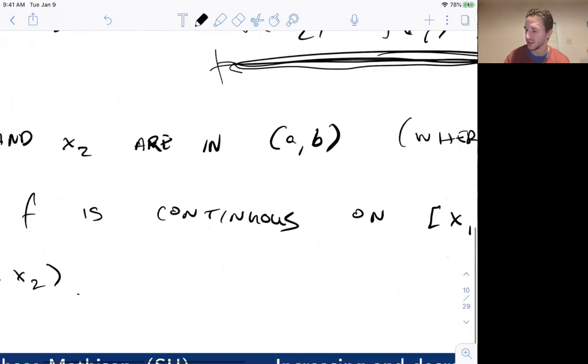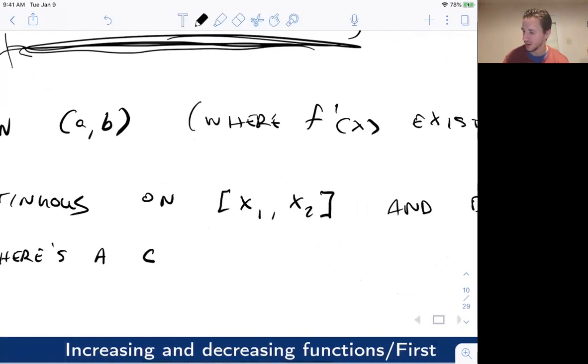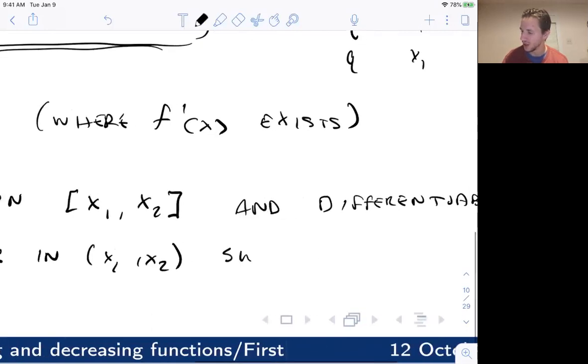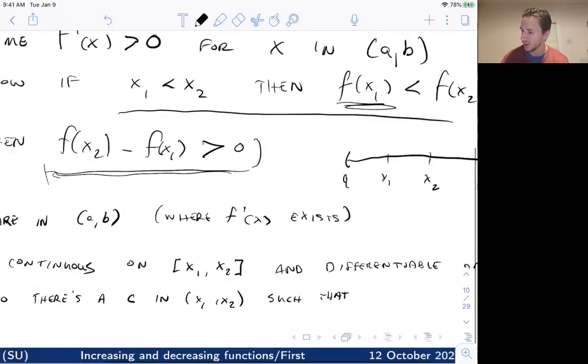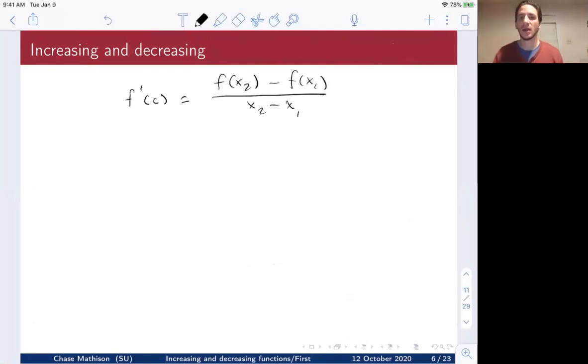So the mean value theorem says there's a number c in the open interval x1 to x2 such that f prime of c is equal to f of x2 minus f of x1 divided by x2 minus x1.